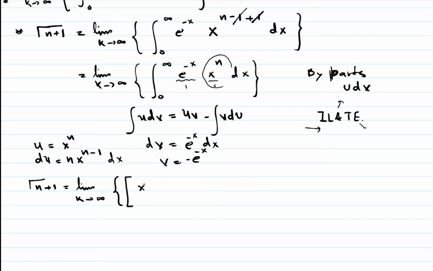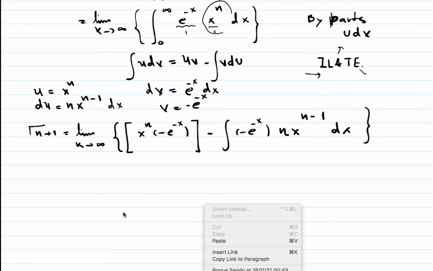Our u is x raised to n, and our v is minus e raised to minus x. This is our first part, minus the second part, which is the integration of v du, that is minus e raised to minus x times du, and our du is n x raised to n minus 1, all of this dx, and then we close our brackets here. Now, continue with this.